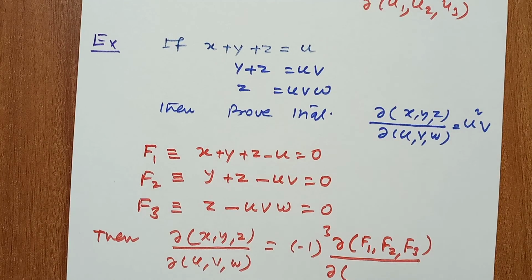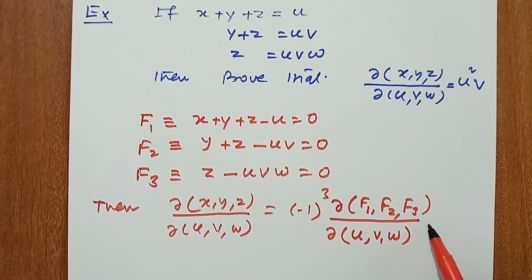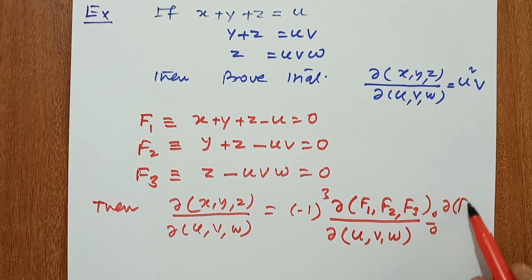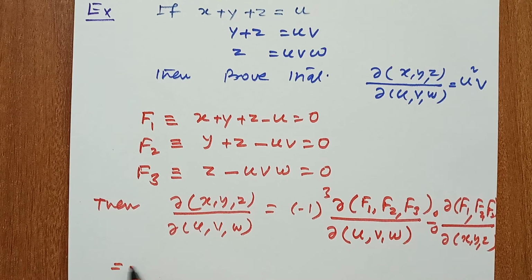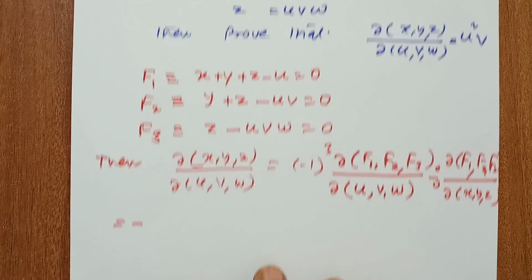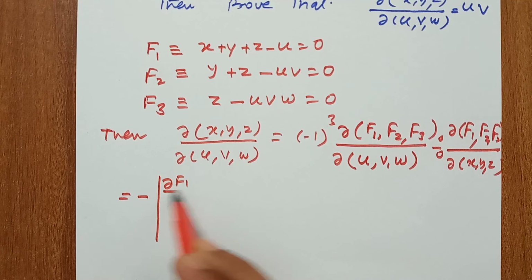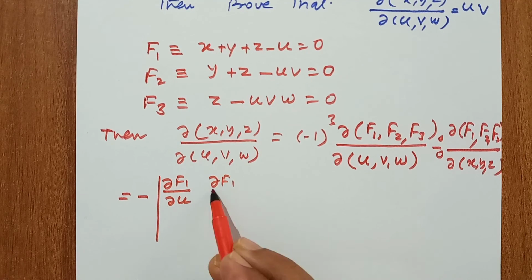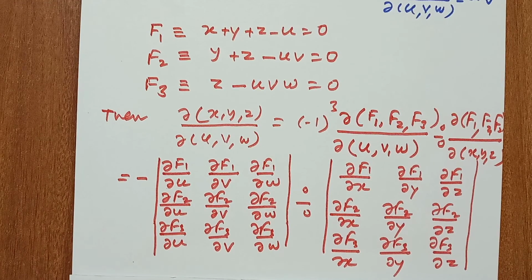So here we will write ∂(u, v, w) divided by ∂(f1, f2, f3) by ∂(x, y, z). This is equal to (-1)^3, which means minus, and then the determinant with ∂f1/∂u, ∂f1/∂v, ∂f1/∂w.